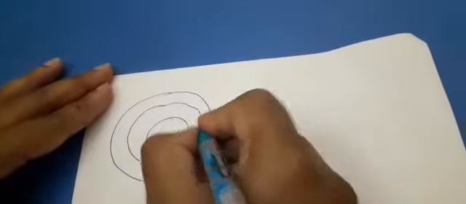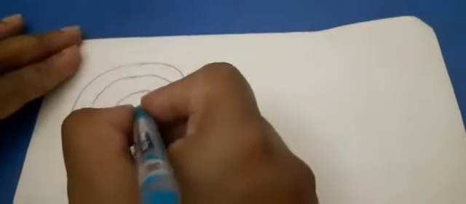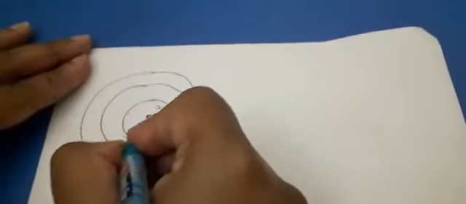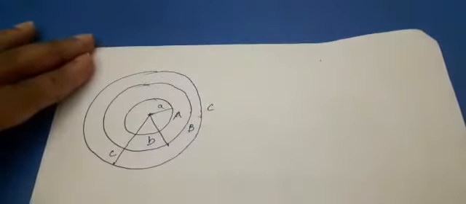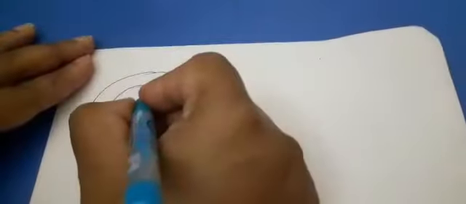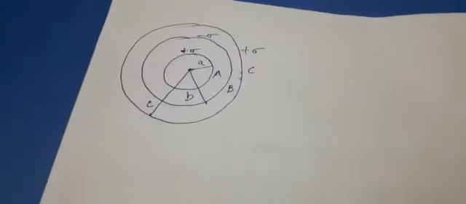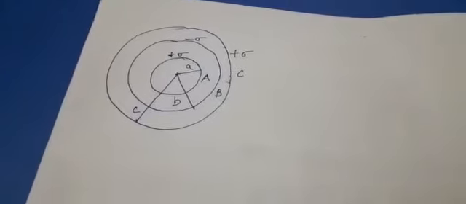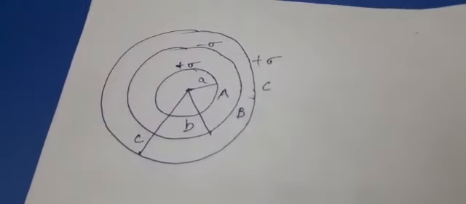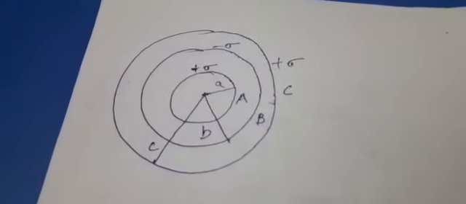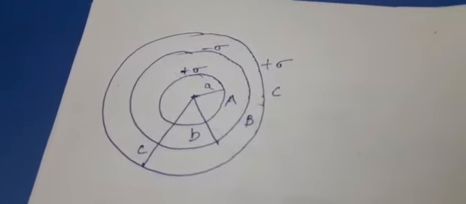This is A, this is B and this is C. Individual radii a, b and c have been given. Their surface charge densities are plus sigma for A, minus sigma for B and plus sigma for C. You can note down the diagram from there. Here surface charge densities have been given as per the shells.